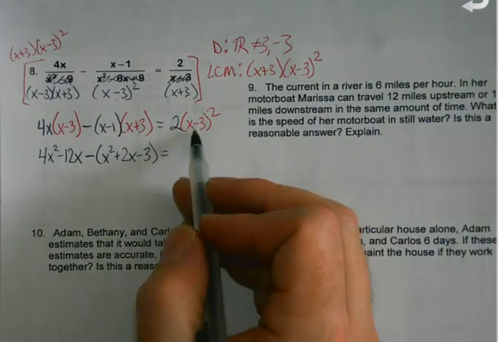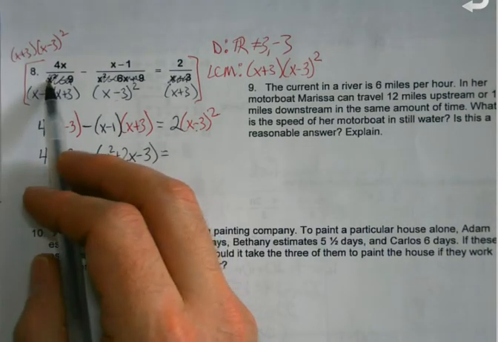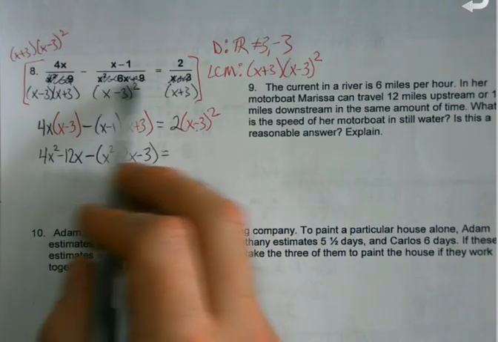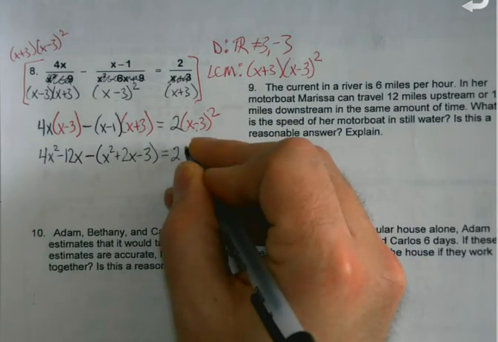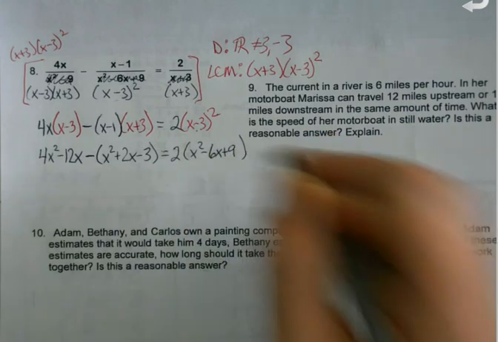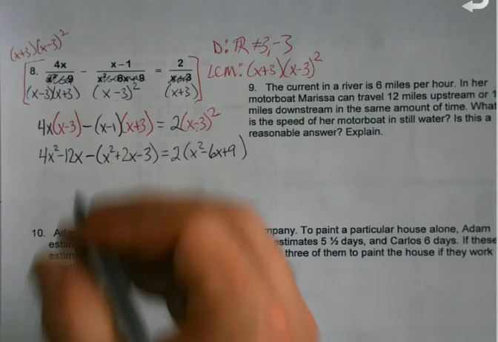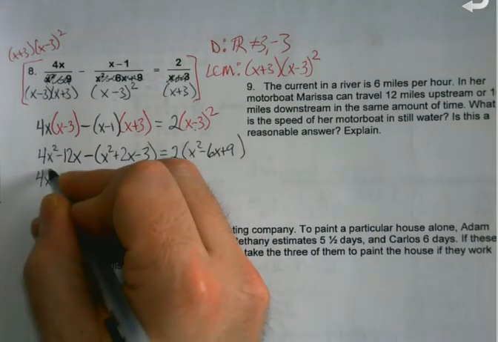And then over here, reminder, x minus 3 squared is this. I'm actually going to write it back out so I don't get sloppy and think it's like a difference of squares, or write x squared minus 9 or something like that. And I can finally start to clean this stuff up a little bit.